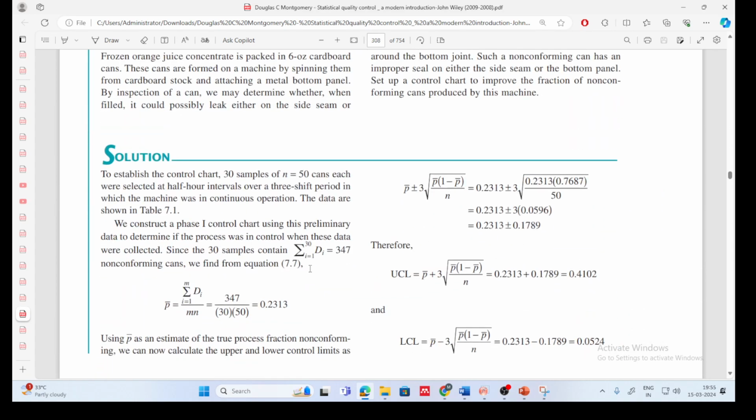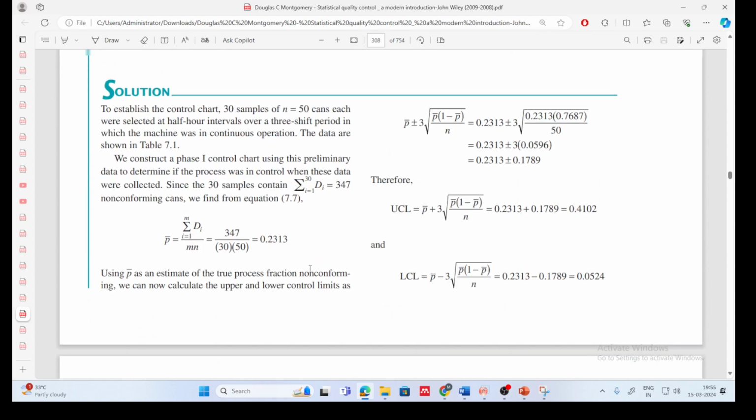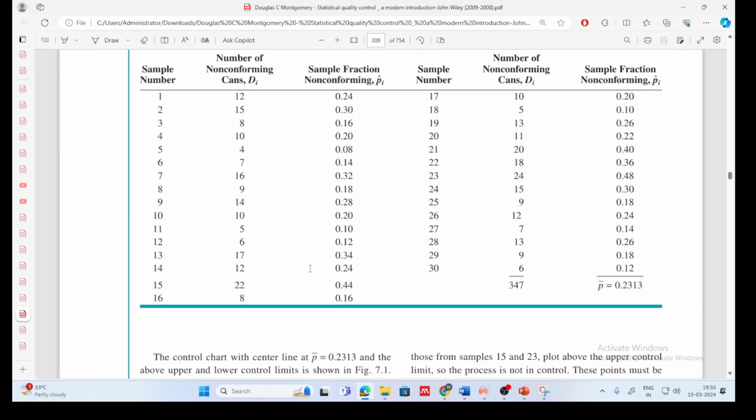Let's say we have one example. In that, the p bar value is not given; we have to find it out. There is some data, and based upon the data we have to find it out: the number of non-conforming cans in samples, a total of 30, and the fraction non-conforming.